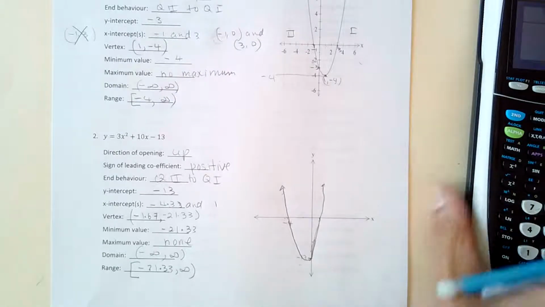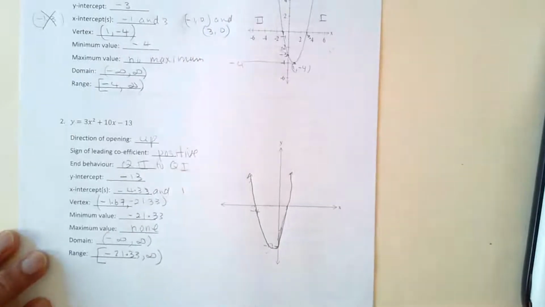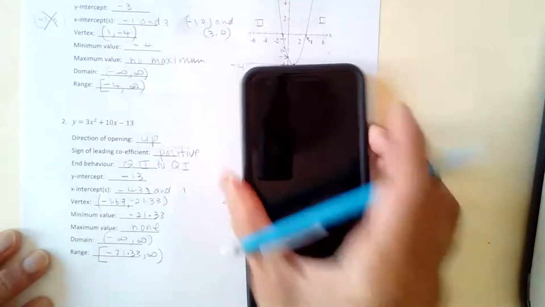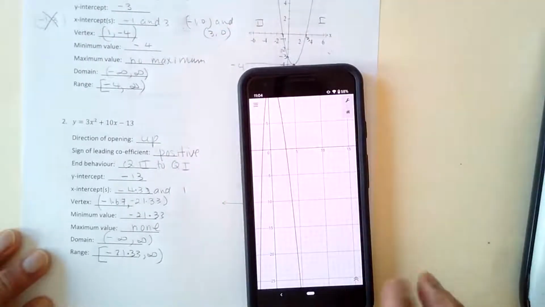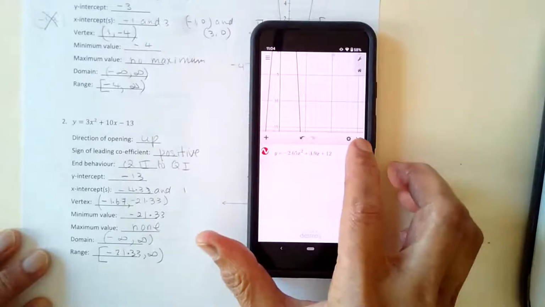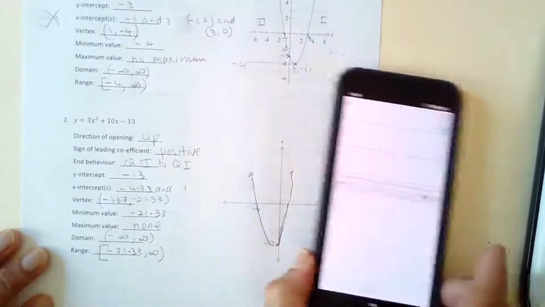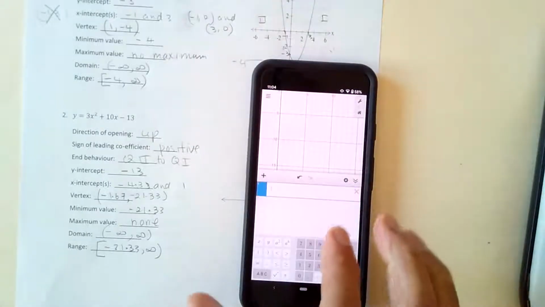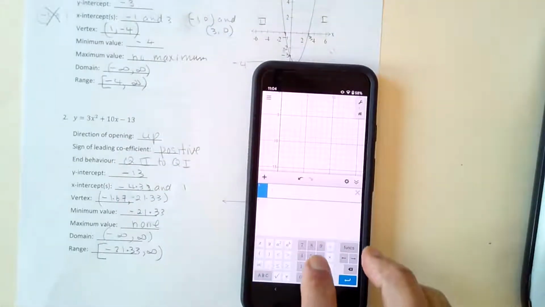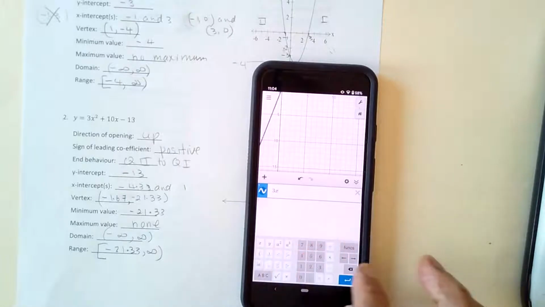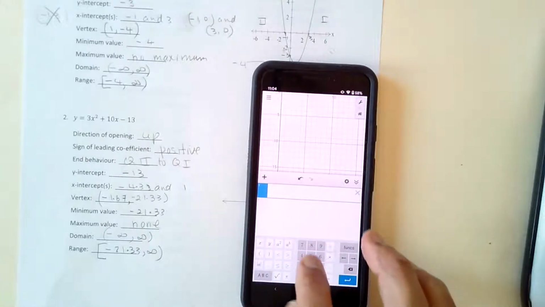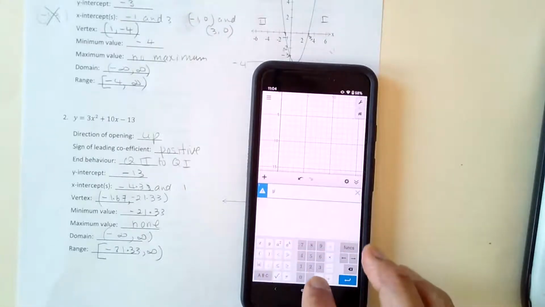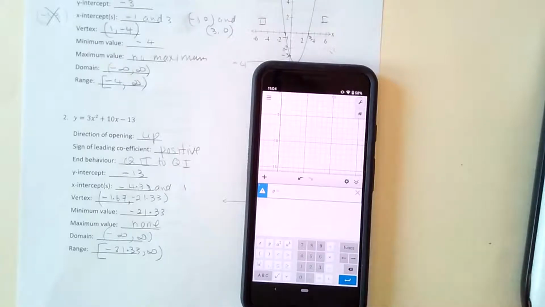Now, I'll go through a couple more, now with Desmos. Let me go back. Clear. With Desmos, it's similar, except you have to enter the y equals. This is the difference between Desmos and your graphing calculator.